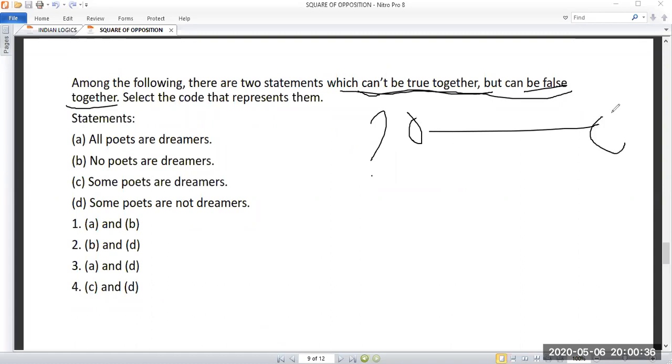This is a relationship between both universal terms. So from the code, select the answer. We found that this is a relation between two universal terms, so A and B is the answer. Are you getting me? We have solved it easily. We don't need to draw the Venn diagram for this, because we know which cannot be true together but can be false together. If this is the case of contrary, it is the relationship between both universal terms. Fine. We'll move to the next.